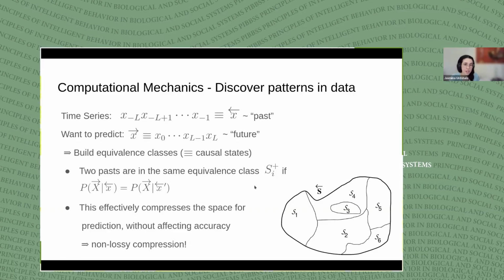That is a form of compression, one could say, but it is a non-lossy form of compression. We do not lose any accuracy in prediction, because these items still allow one, if one has full access to them, to do optimal prediction at the maximum achievable accuracy.